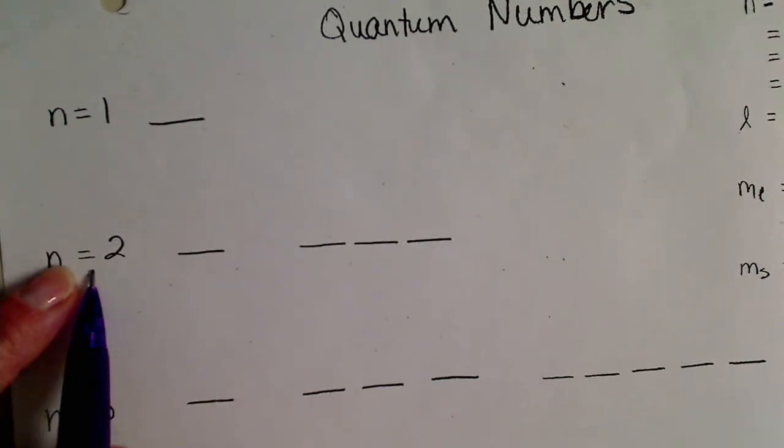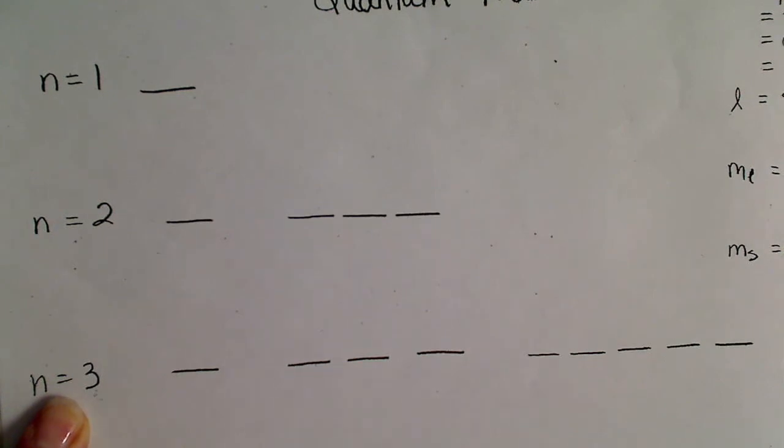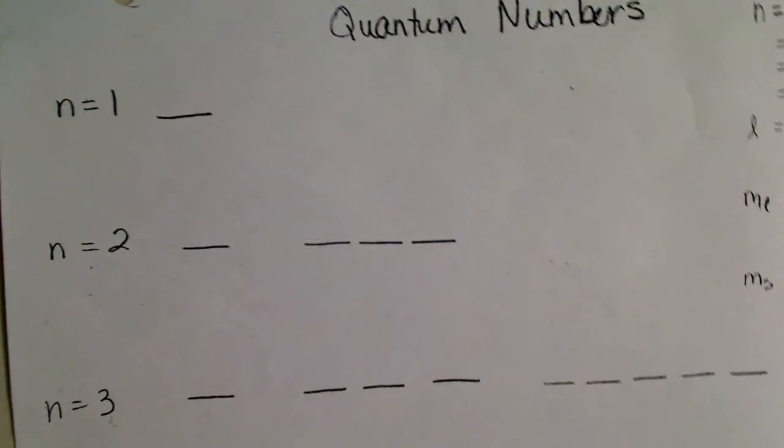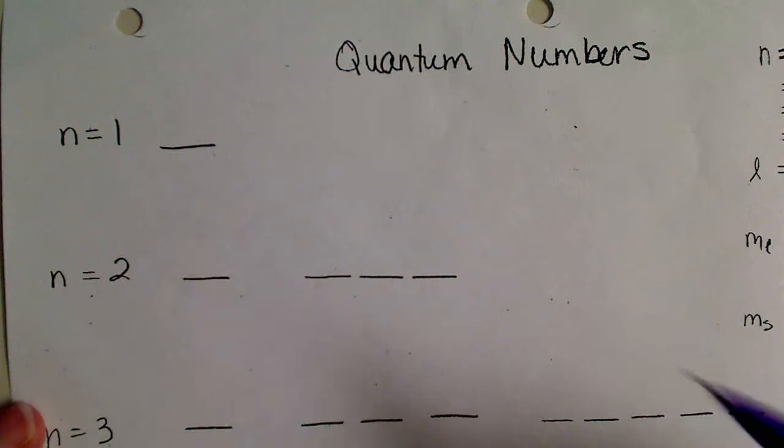This would be the second row of the periodic table. n equals 3 would be the third row of the periodic table, or the third circle around the nucleus. So I'm going to show some shapes for a few of the orbitals.